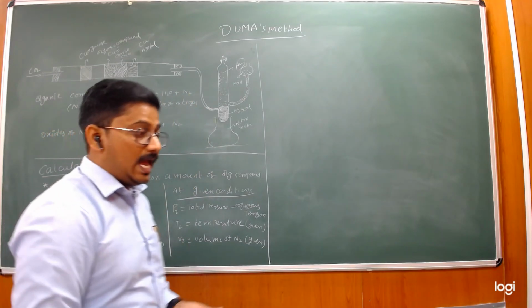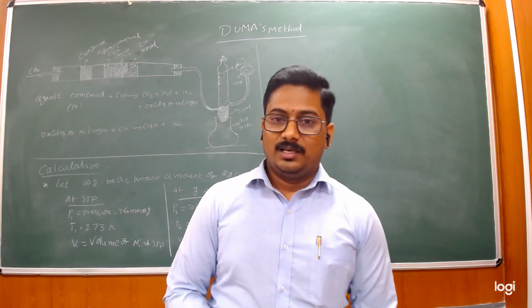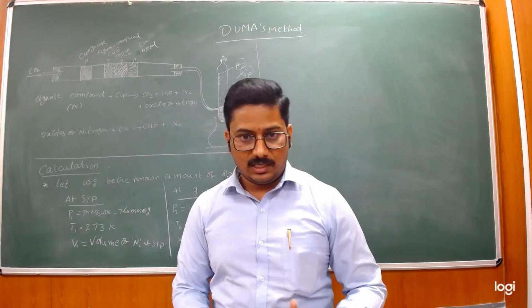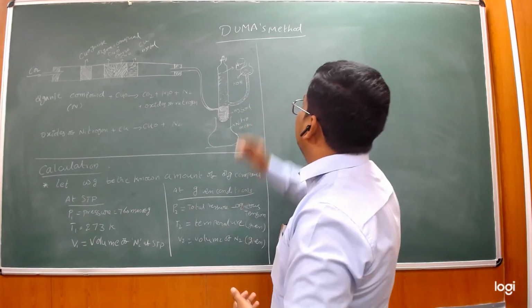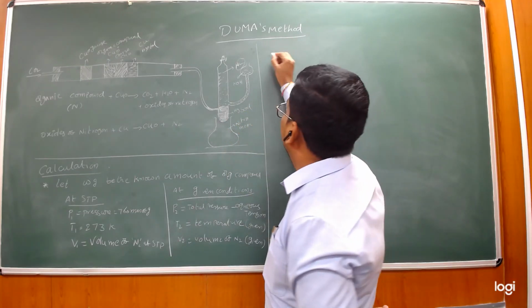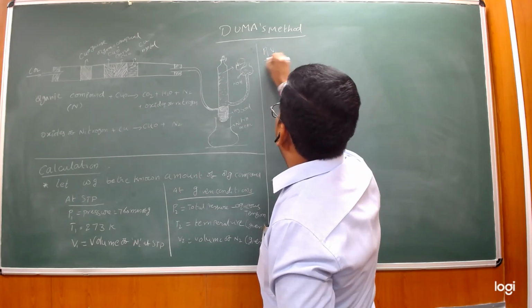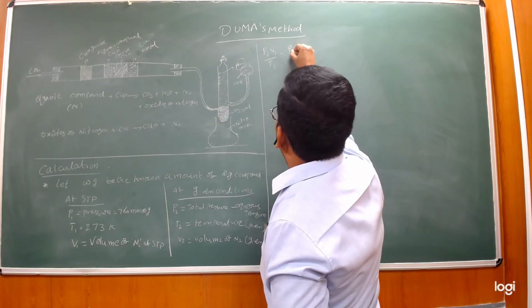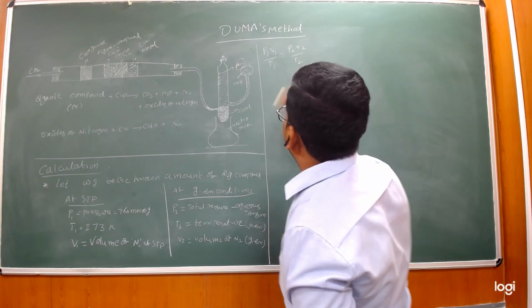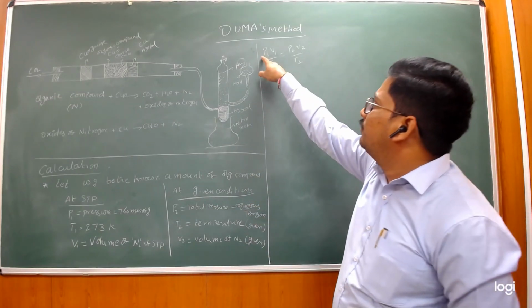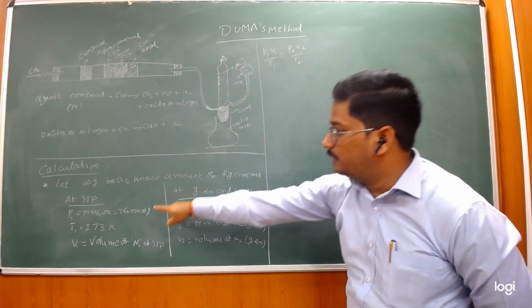These two can be given in the problem, or these two come from the experiment. Okay, so we know the formula, that is nothing but P1 V1 by T1 equal to P2 V2 by T2. Right? So use this formula. So what is P1, what is T1? I think I have given here.